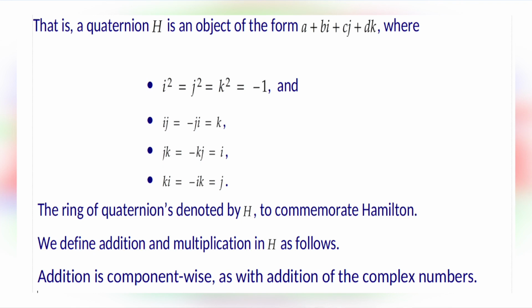The next one is ki is equal to minus ik is equal to j. The ring of quaternions is denoted by H to commemorate Hamilton.